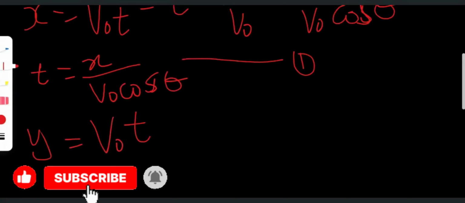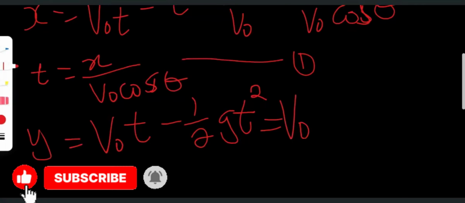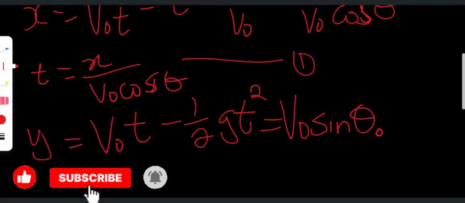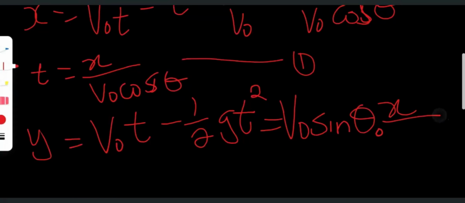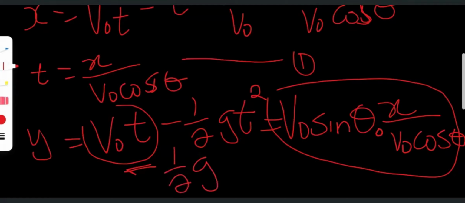that is on the y side, minus half g t squared, is equal to V0 sine theta initial, x over V0 cos theta, minus half g.